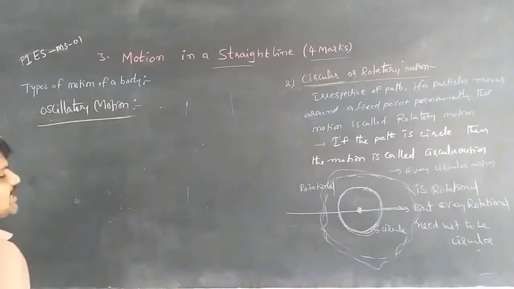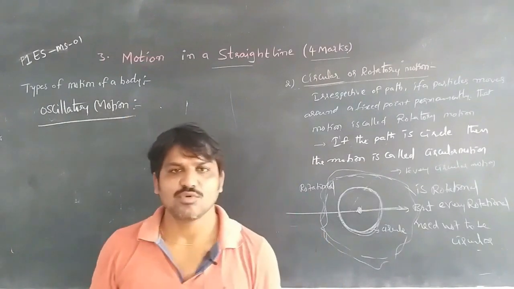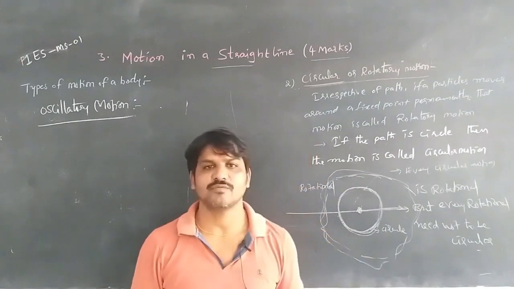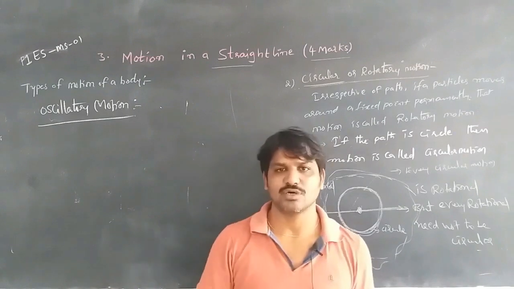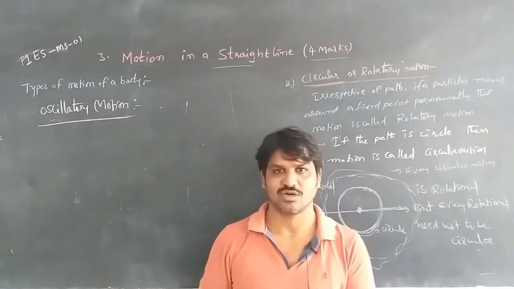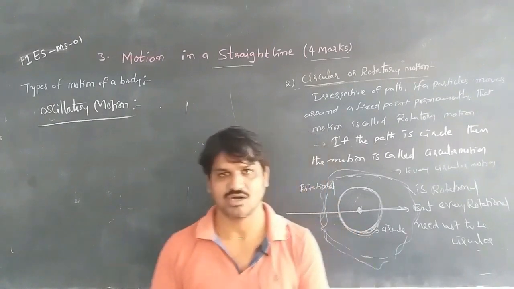In oscillatory motion, if a particle moves to and fro, back and forth, from its mean position or its definite fixed point, that is called oscillatory motion.